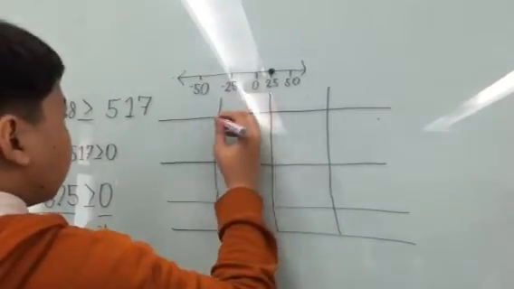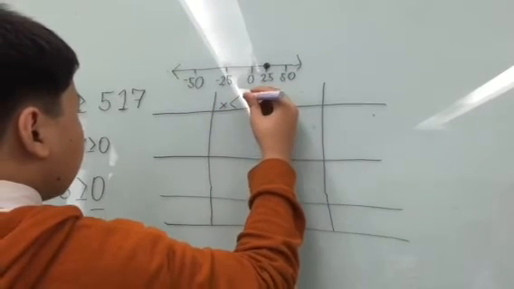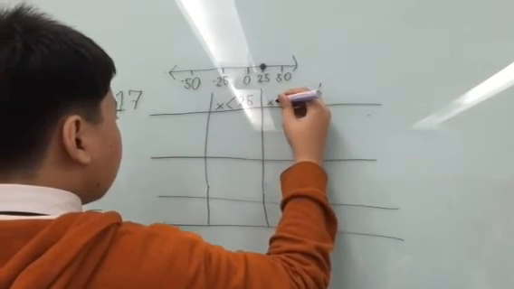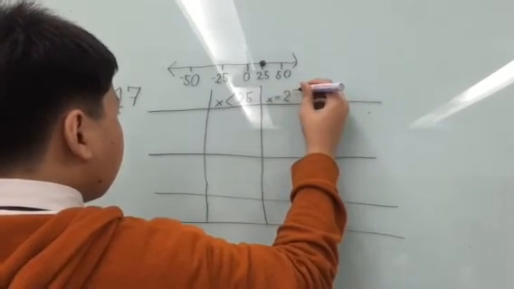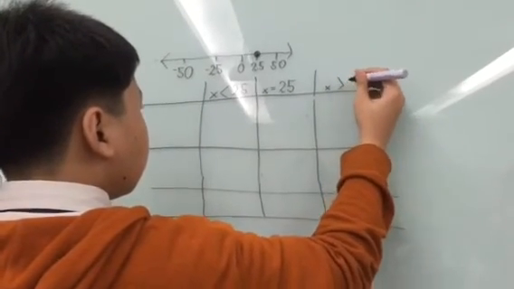First column being the binomials, the second being any number less than 25, the third one being 25, while the fourth column is any number greater than 25.